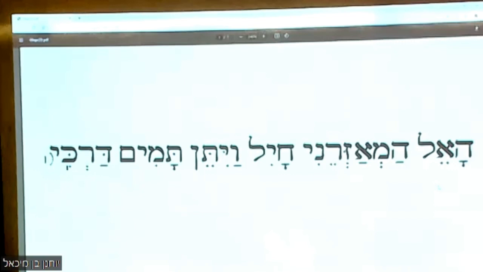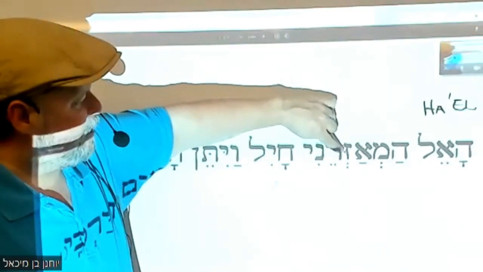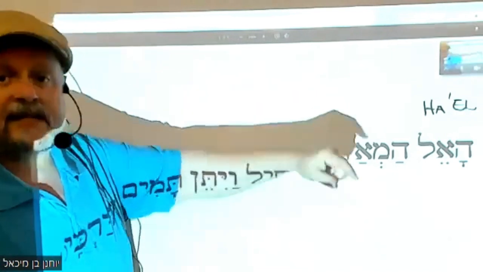Then we have the letter aleph, silent letter, but it's pointed with short duration vowel point. Patach, right? So, ah. But then we have what? Zayin, and it's pointed how? It has dagesh. So what's that going to do? We're going to double it, right? So that now becomes az.